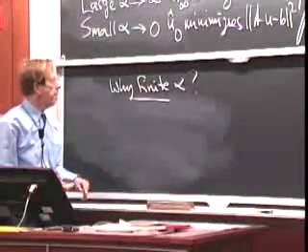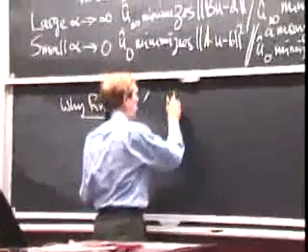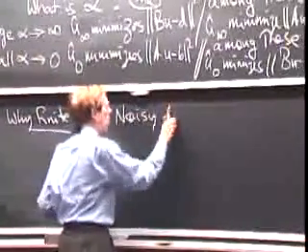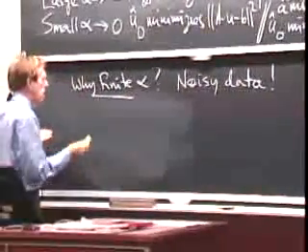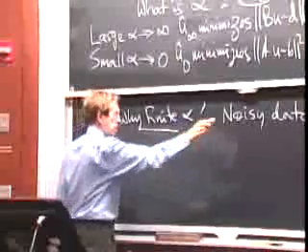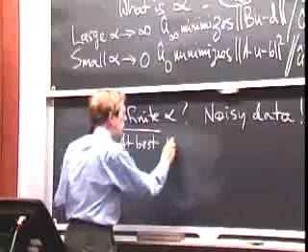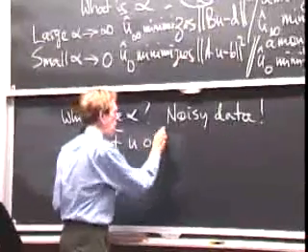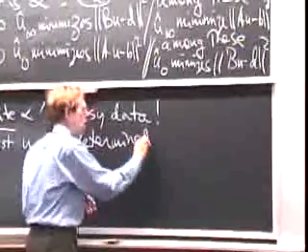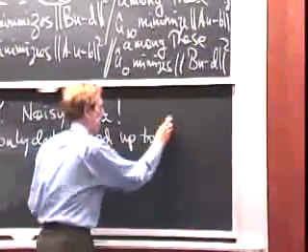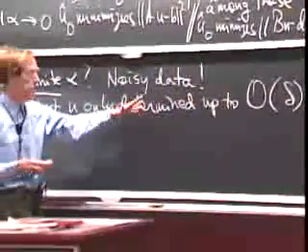On Wednesday. Why? Because of noisy data. Because of the noise, at best, u is only determined up to some order, say order of some small quantity delta that measures the noise.